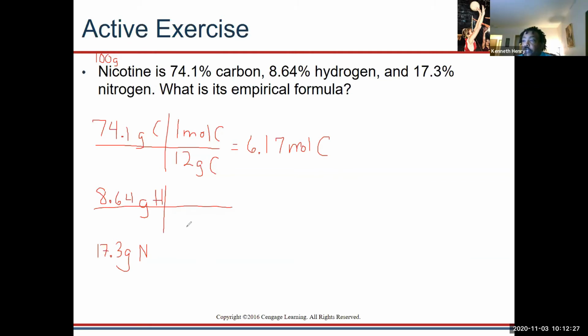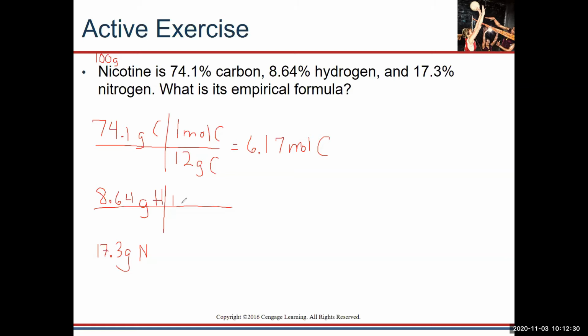Okay. Molar mass of hydrogen? 1 gram, I think.